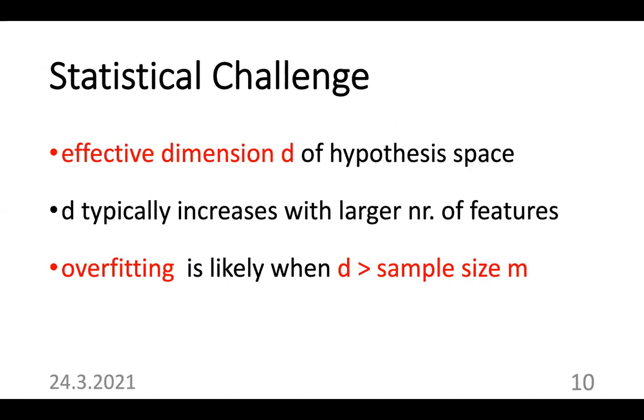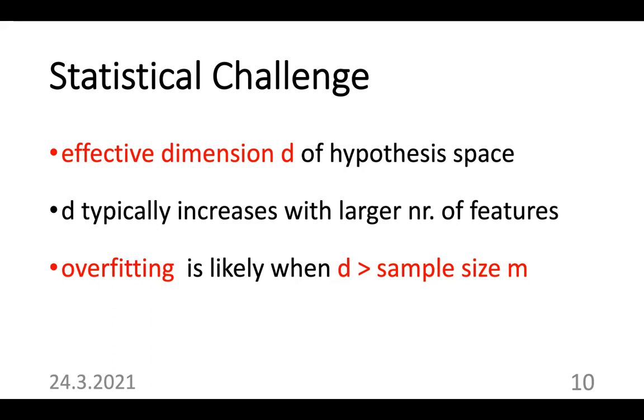To summarize, using very large raw feature vectors, just by stacking all the measurements we have about a data point, like stacking all the red, green, blue values of a megapixel image, results in a vector of length 1,000,000. But then typically when you use such long feature vectors, you might overfit. Remember in a previous lecture, I talked about the concept of an effective dimension of a hypothesis space.